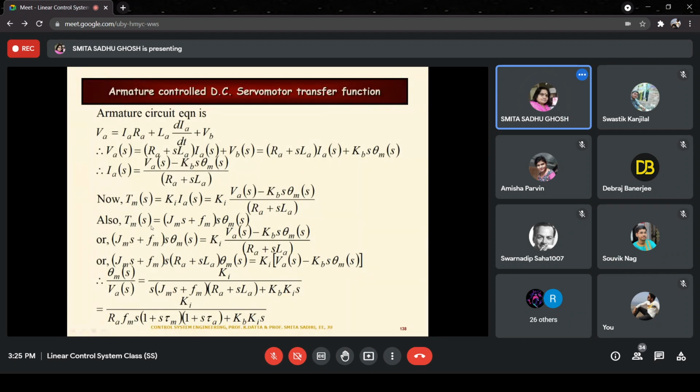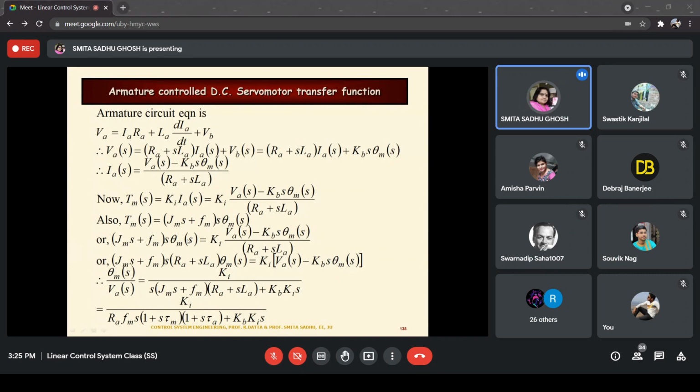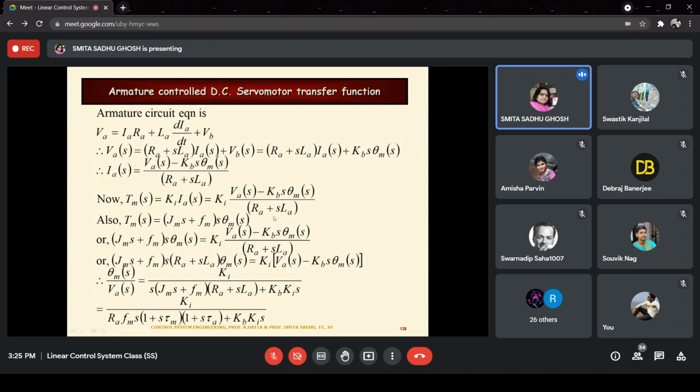So taking the Laplace transform, this is what we have. Tm(s) is equal to (Jm s plus Fm) whole into s theta m(s). So from this expression, Tm has been replaced by (Jm s plus Fm) s theta m(s), and that is equal to the rest of the things, which have been written as they are over there.